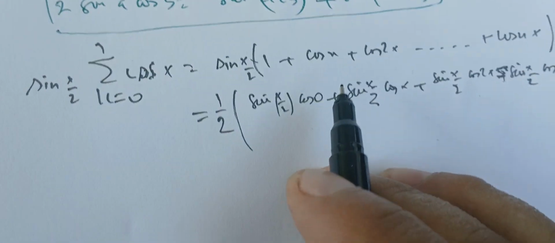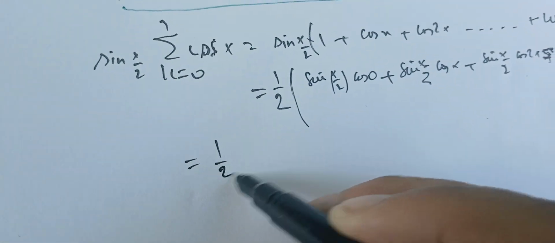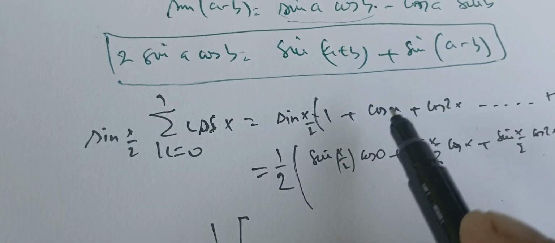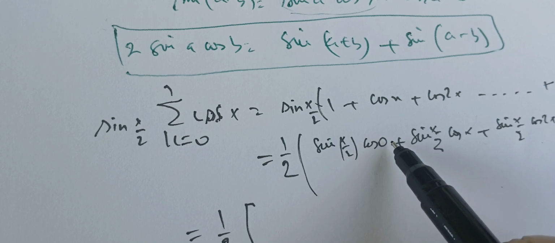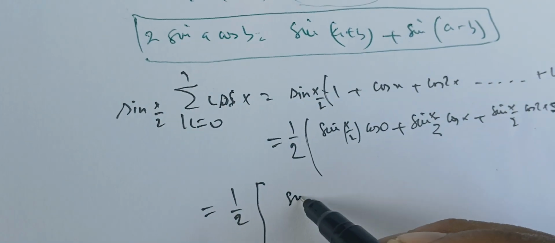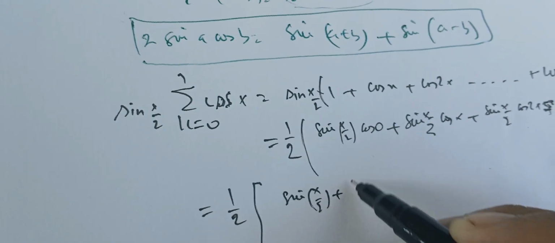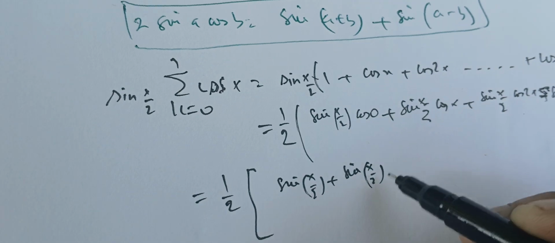Here I have 1/2. Now I'm going to apply my formula. In this case, a is x over 2 and b is 0. So I have sine of x over 2 plus sine of x over 2.